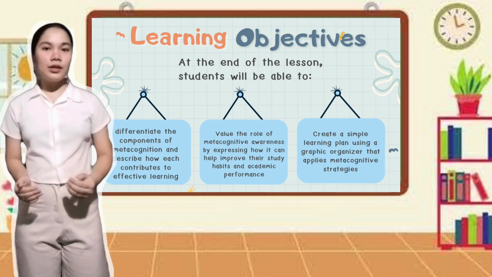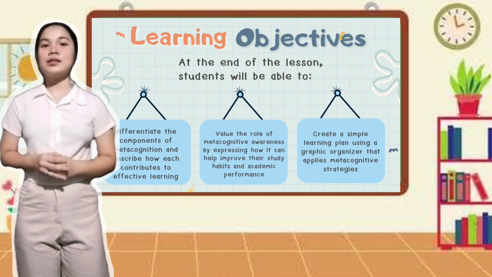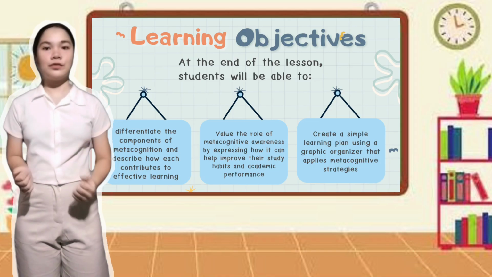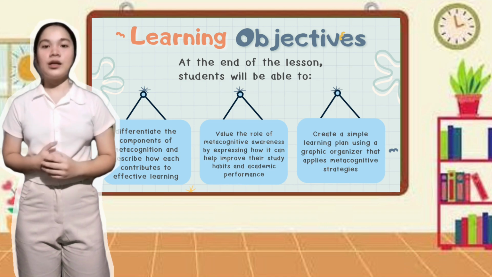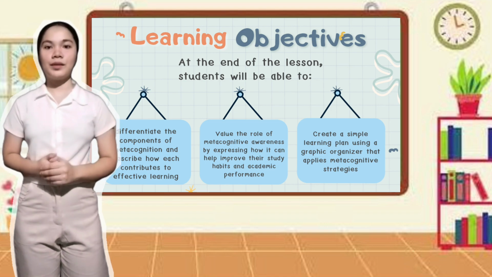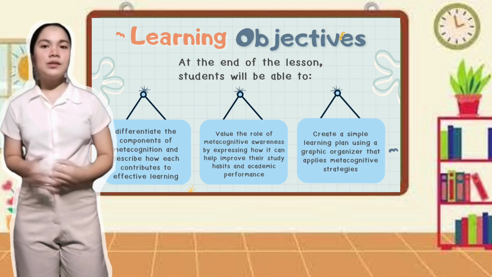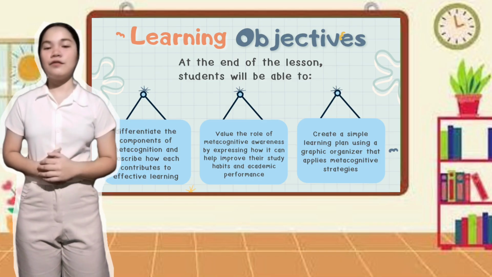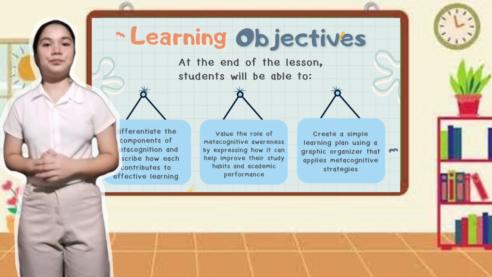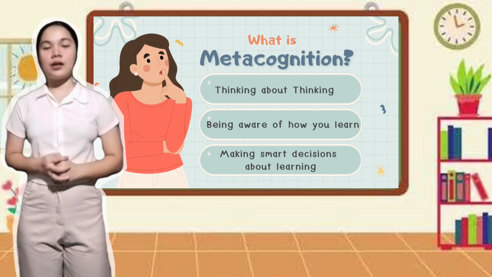Second, value the role of metacognitive awareness by expressing how it can help improve their study habits and academic performance for the affective domain. And lastly, create a simple learning plan using a graphic organizer that applies metacognition for the psychomotor domain.